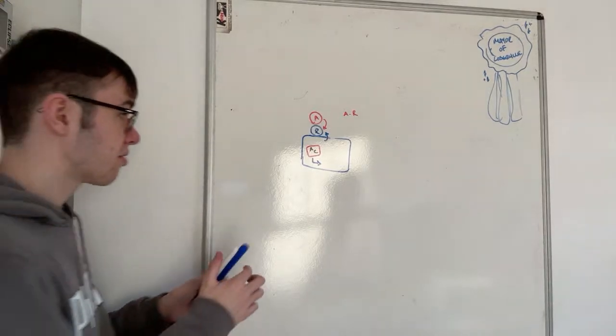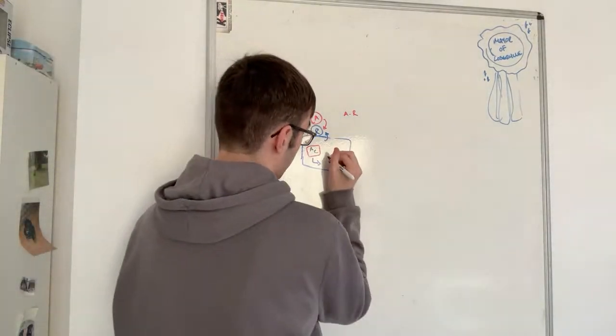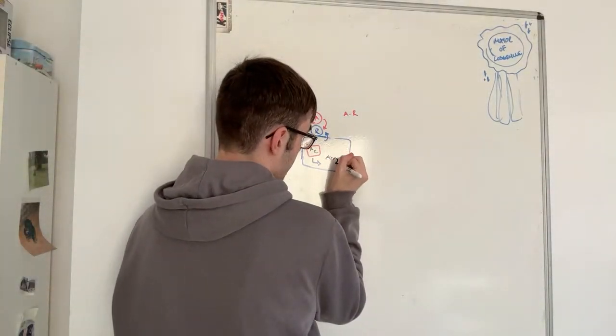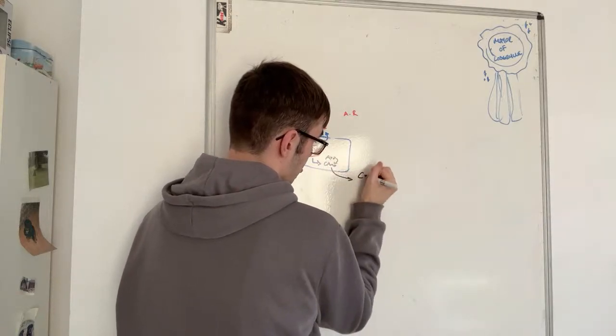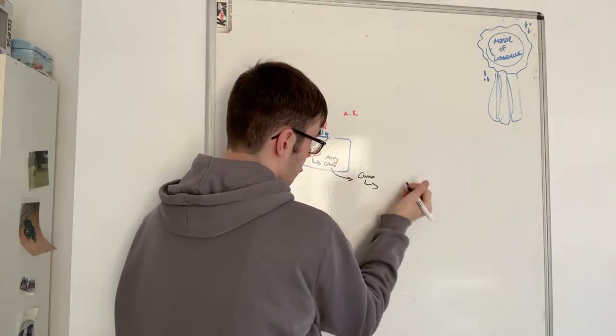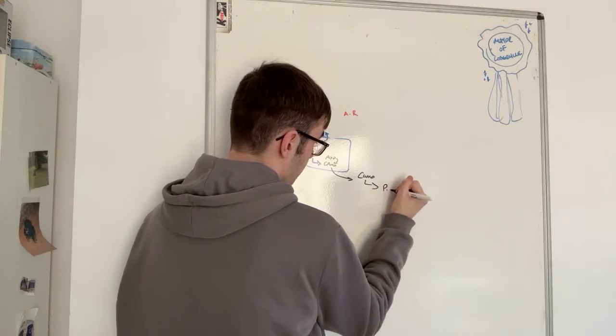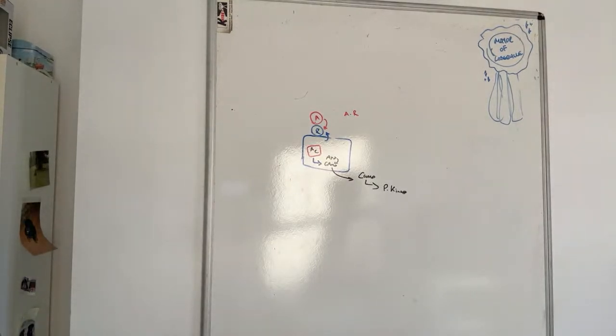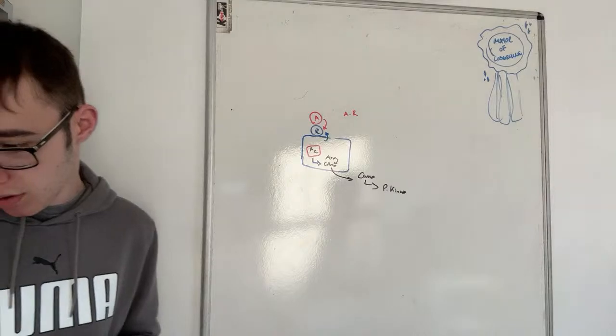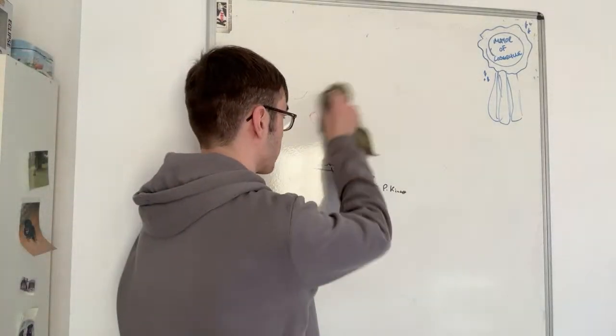It converts ATP to cAMP, which causes the activation of protein kinase. And protein kinase converts glycogen to glucose.